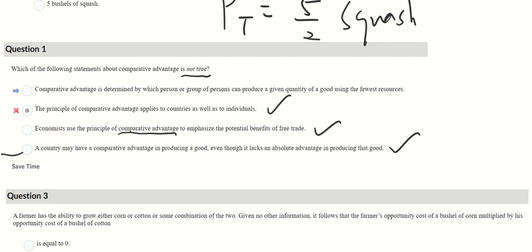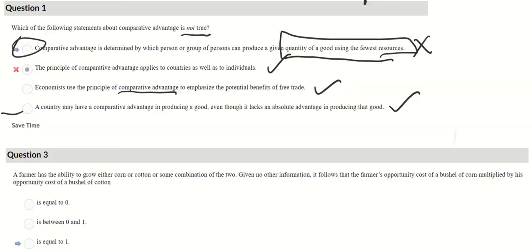So that's also right. Now, A says, comparative advantage is determined by which person or group of persons can produce a given quantity of a good using fewer resources. This is actually the exact definition of absolute advantage, not comparative advantage, right? So that's why this is false. This will be the right answer we're looking for, okay?